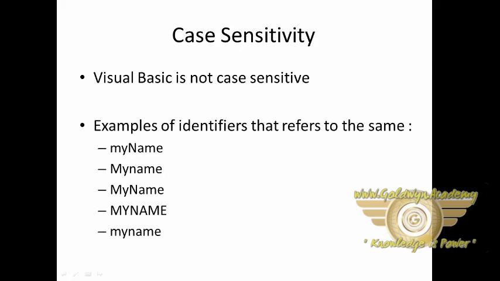The first is myName with small m, small y, capital N, A M E. The second one looks different to us, where the M is capital and the rest of the characters are small. Then we have camel case, then all capitals and all smalls. But all these five myName variants are the same for Visual Basic. So that means it is not case sensitive.